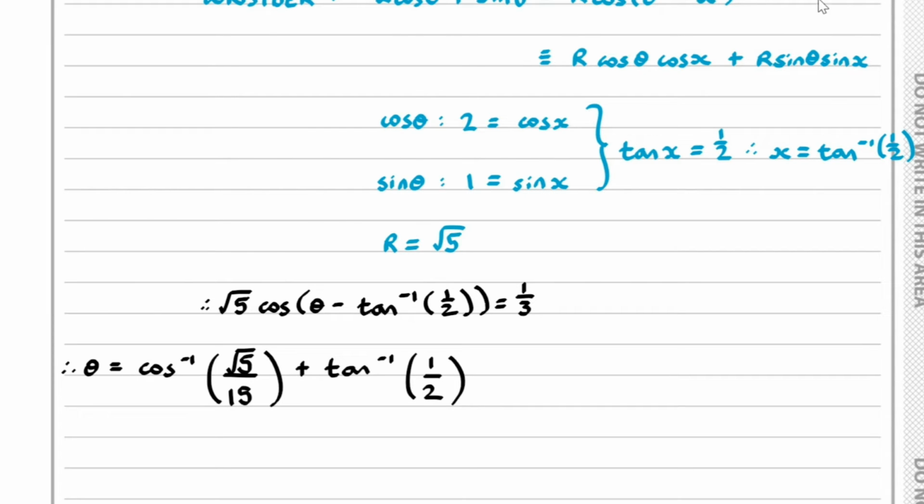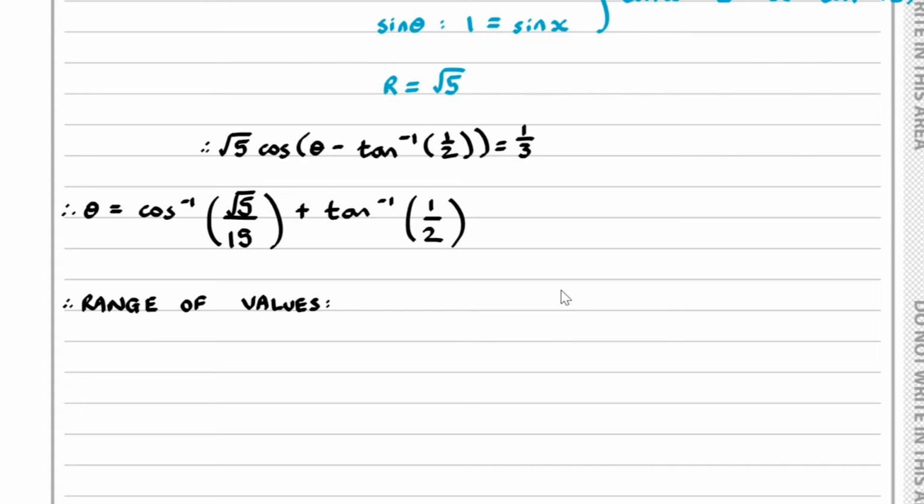And so the range of values we have, we've got pi over 3, which is less than theta, which is less than the result over here.